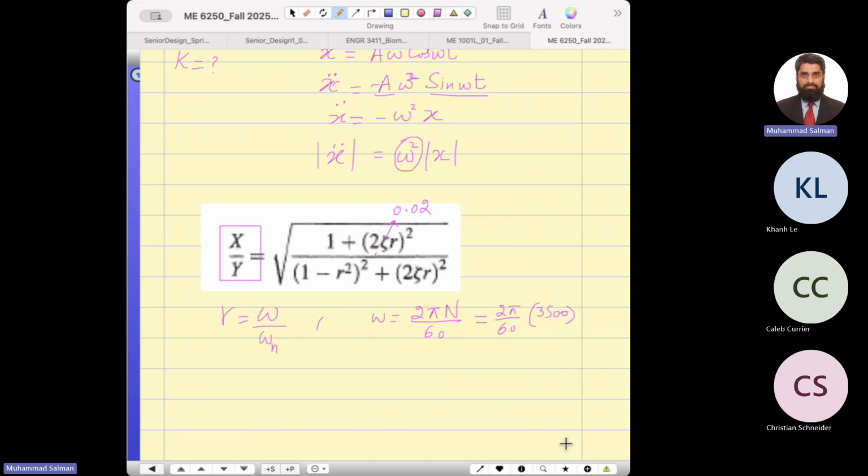So if you calculate this, what do you guys get for this one? Let me show you the way you will solve this one.